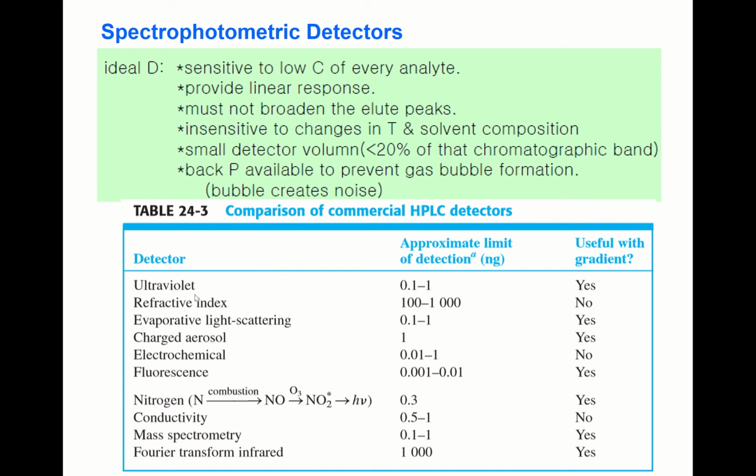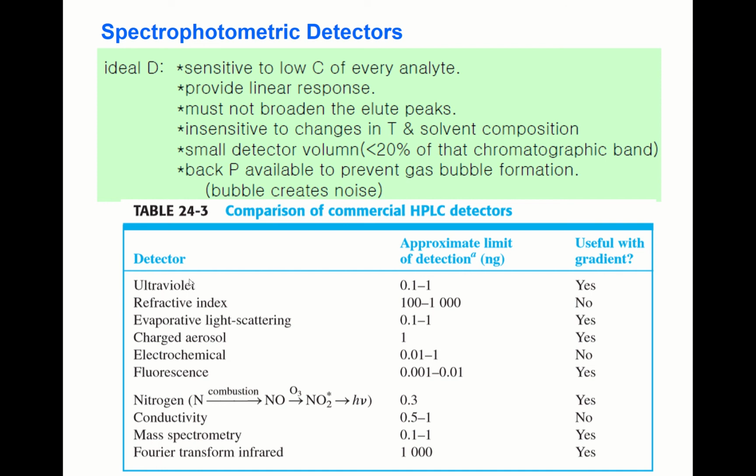I think this is the most widely used detector, because most organic molecules absorb ultraviolet radiation. With this detector, the approximate limit of detection is 0.1 to 1 nanograms. This is useful with gradient.